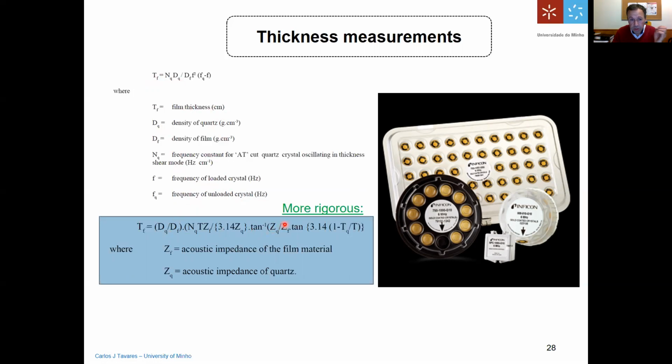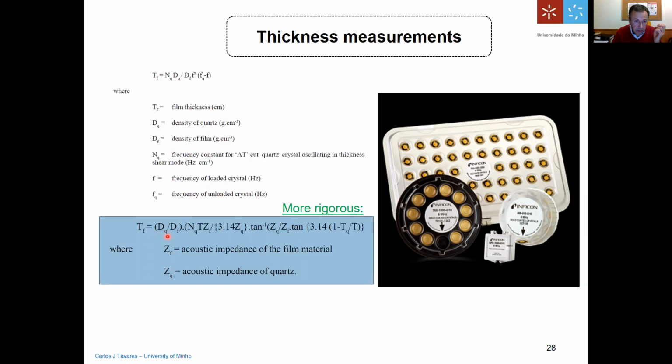There's a more rigorous way to do this, taking into account not the frequency, but the acoustic impedance of the film material and that of quartz. These Z_Q values for quartz should also be given in the box when you buy these crystal microbalances. The formula is a bit different.